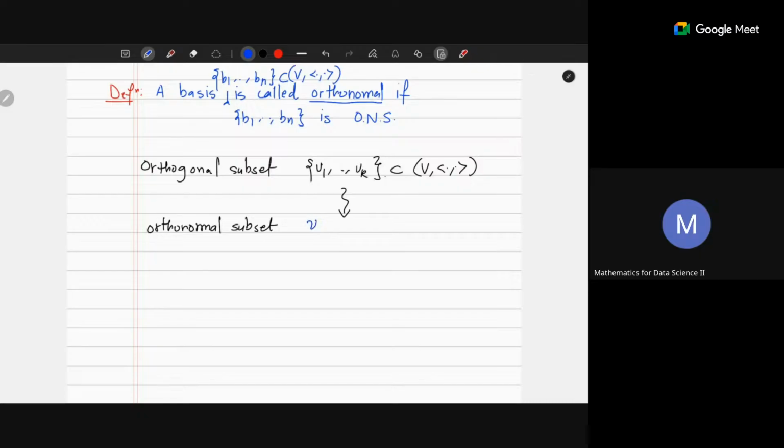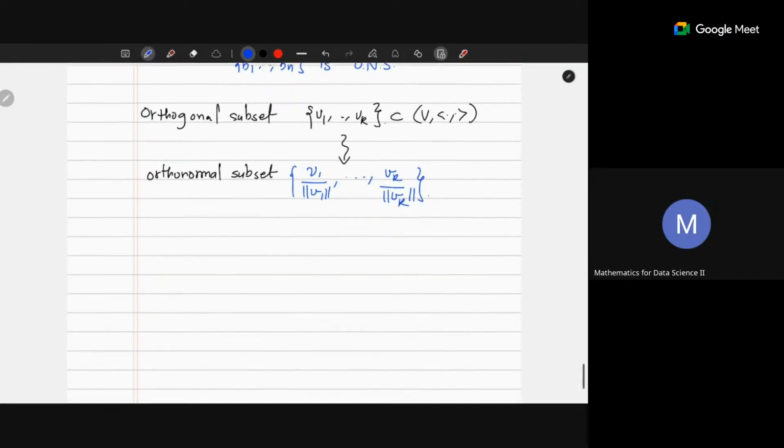So we need to divide each vector by its norm, and we obtain an orthonormal subset.